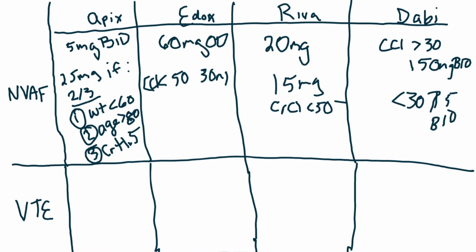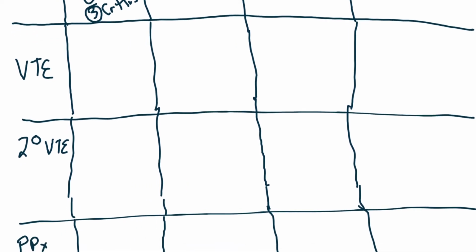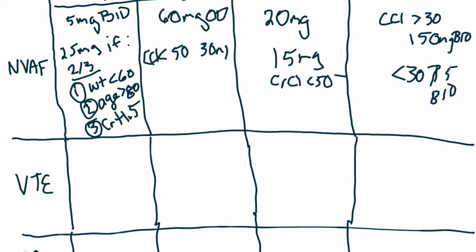So that's non-valvular AFib. For VTE, dosing is a bit different. So for apixaban, we use 10 milligrams BID for the first week. And then after that, you can use standard dosing, 5 milligrams BID. And there's no need for bridging with that.